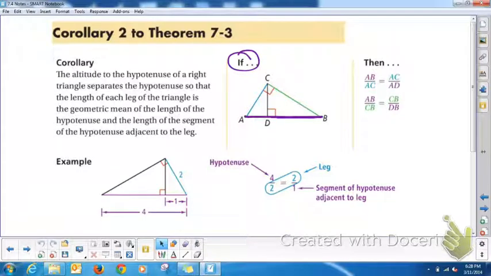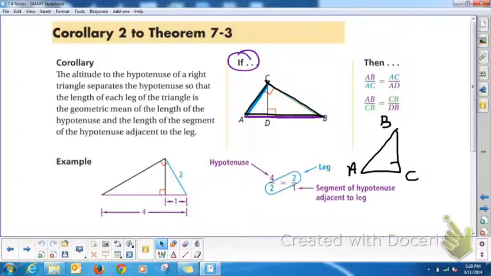This piece of this big triangle, AB corresponds to AC in this smaller triangle. Again, it's difficult to see the triangle. So in this example, I am using the larger triangle. So my hypotenuse is AB. My leg here is AC.